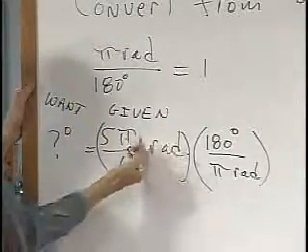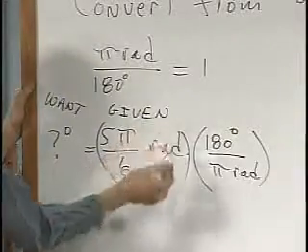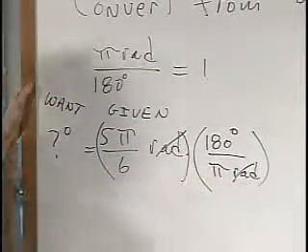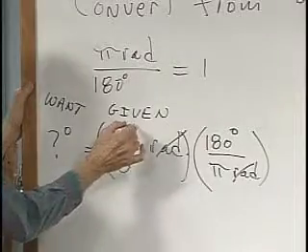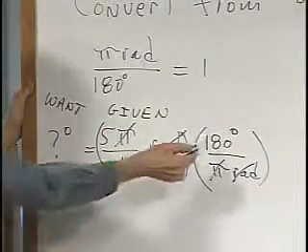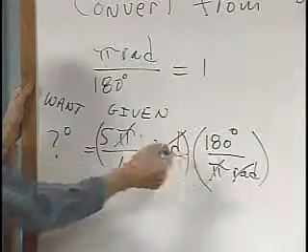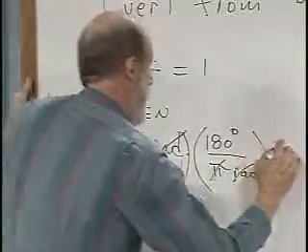Now you notice in the numerator there's radians here, 5 pi over 6 radians. So radians reduce with radians, and notice also that pi reduces out. 6 divides into 180 30 times, and 30 times 5 is 150.